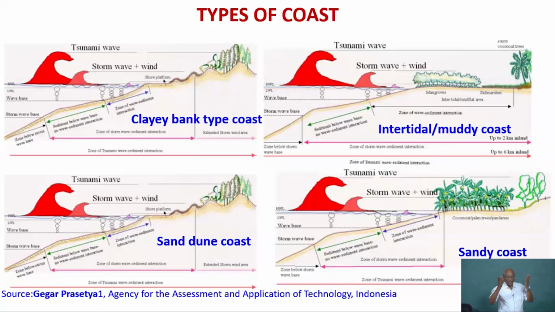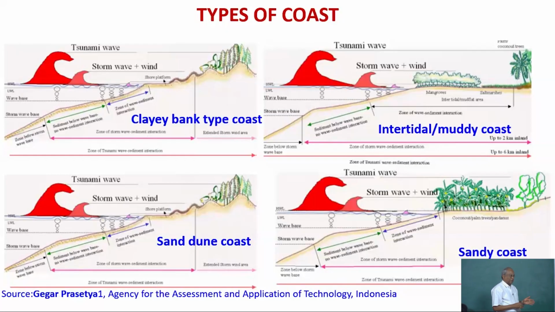What we have in mind mostly is a beach, but actually the beaches or the beach slopes can be of different types, as you can see here: clayey bank type of coast, intertidal muddy coast, the sandy coast and sand dune coast. Each one of these has its own characteristic and you have to deal with it.